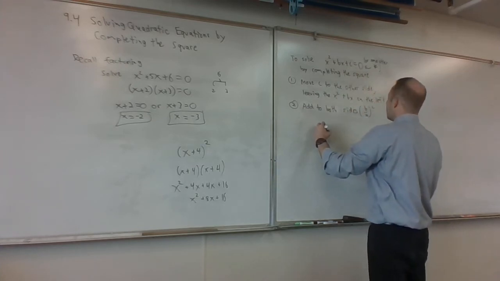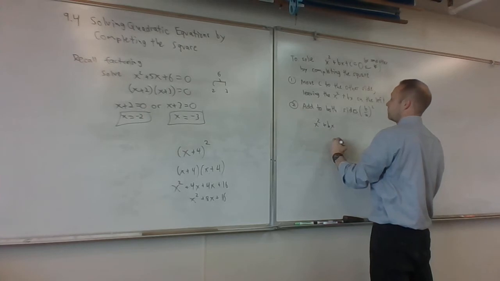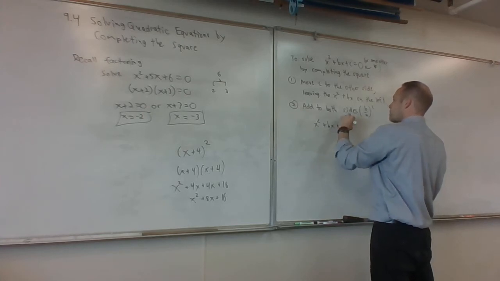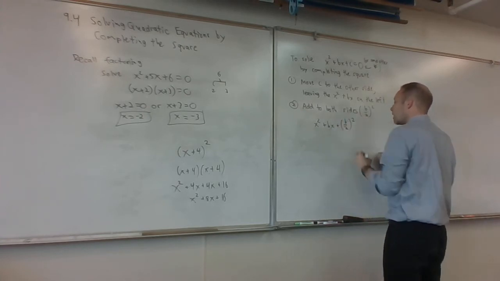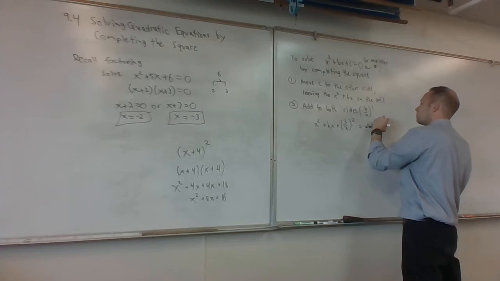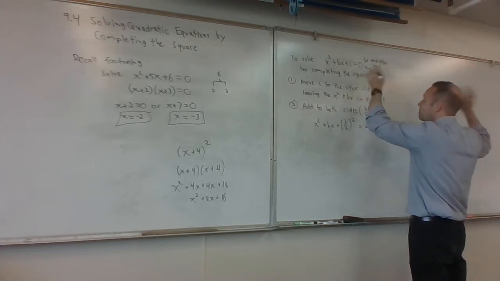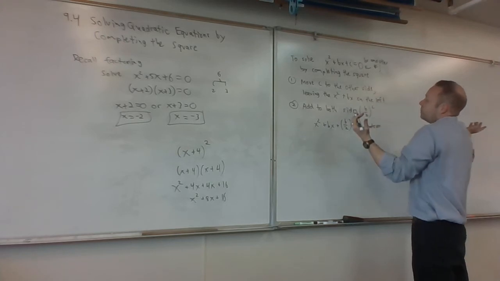So this leaves you with x squared plus bx plus b over 2 squared equals, I'll just say, whatever, because on the right-hand side maybe we started with 0, maybe we started with something else, we don't know.